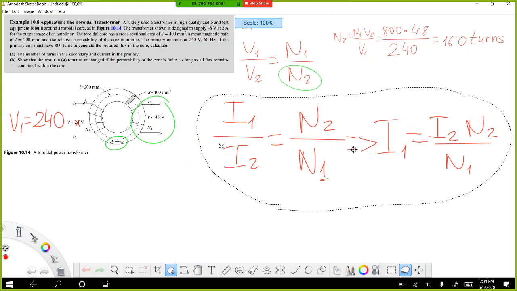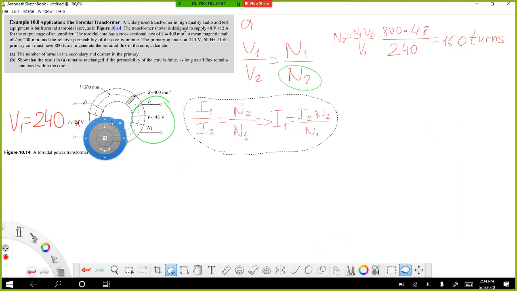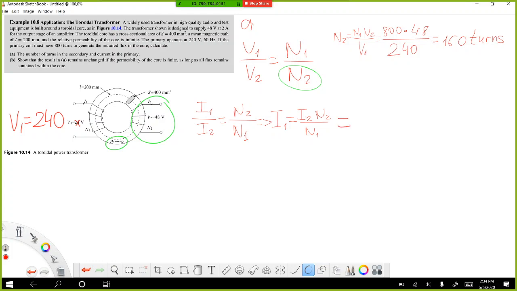The answer is I2, which is 2 ampere, multiplied by N2, which we found to be 160 turns, over N1, which is 800 turns.